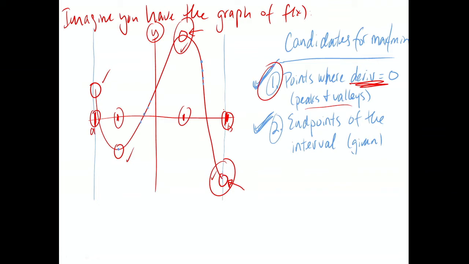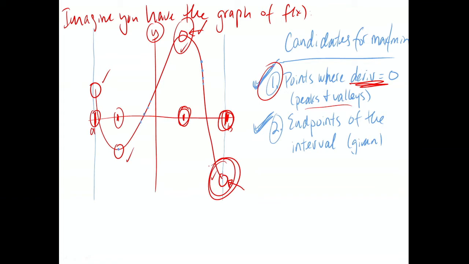Run them all through the function, and that'll give you the y values. Well, when I run this guy through the function, he gives me the overall biggest number, so he's the overall maximum. When I plugged this number in, I got the overall smallest number, so that's the overall minimum, and that's the end of the story.